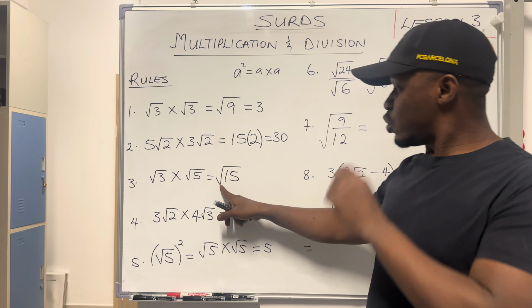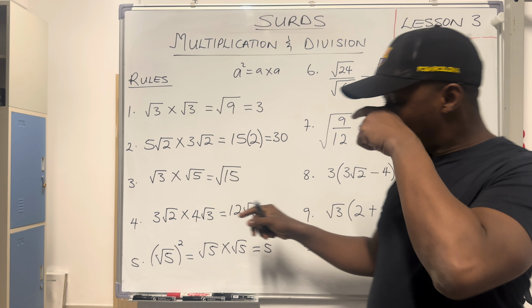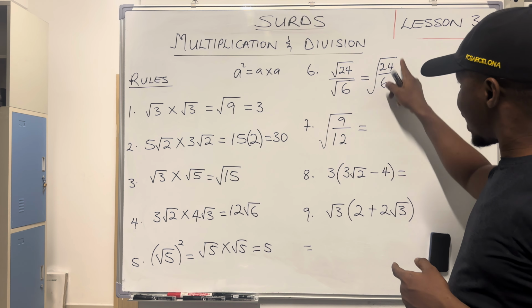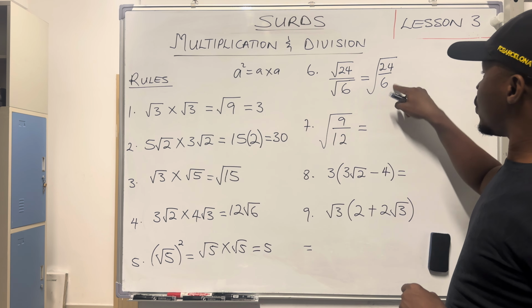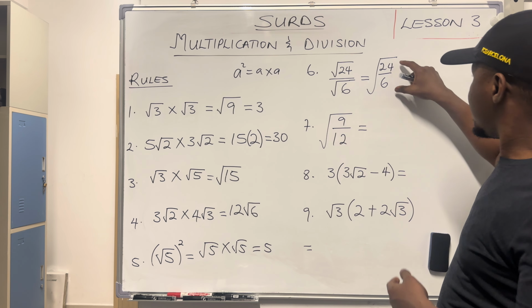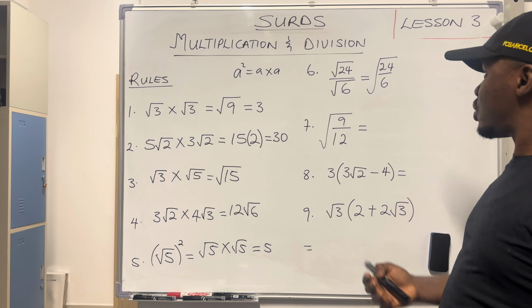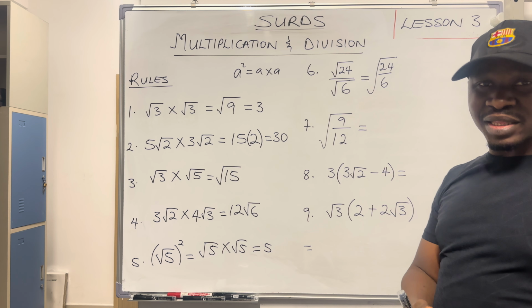This and this, we use 1 root and say 3 times 5. There is a surd, there is a surd. We use 1, but this one has to be different because it's a fraction. So 24 over 6. If you can simplify it further, you continue. Here, you don't need to ask again about surds because you already did this one in the early stage of your mathematics.